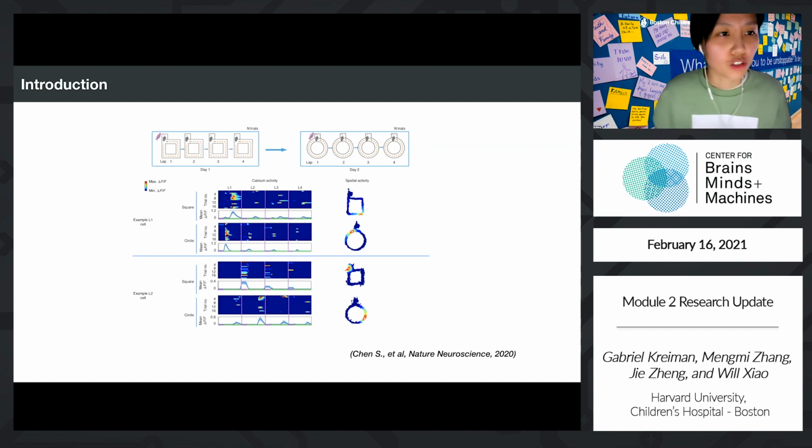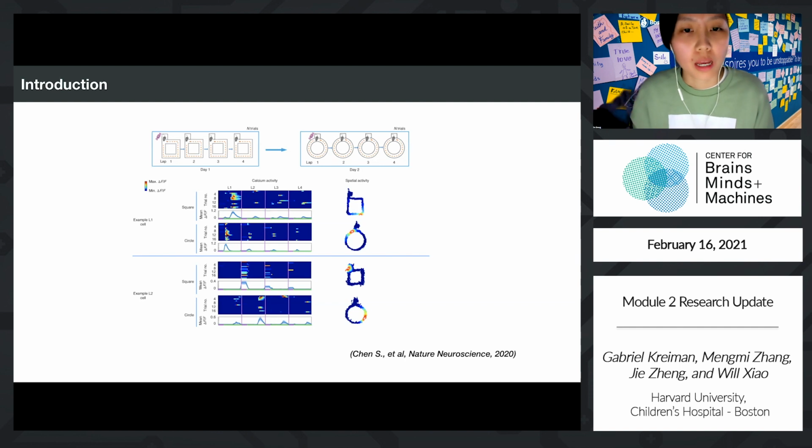So this finding suggests that neurons in the hippocampal network may also be capable of capturing event structures of non-spatial scenarios.